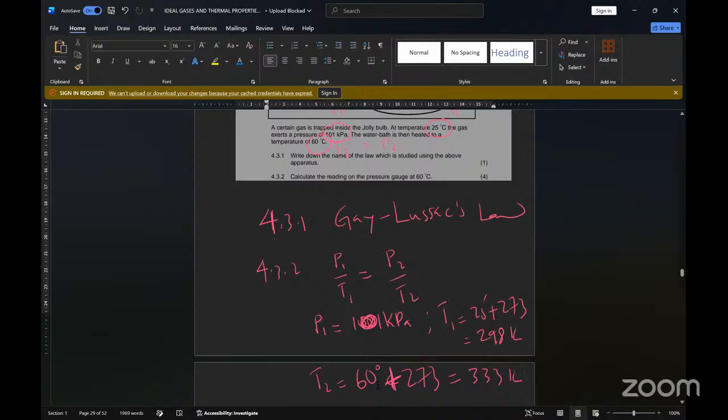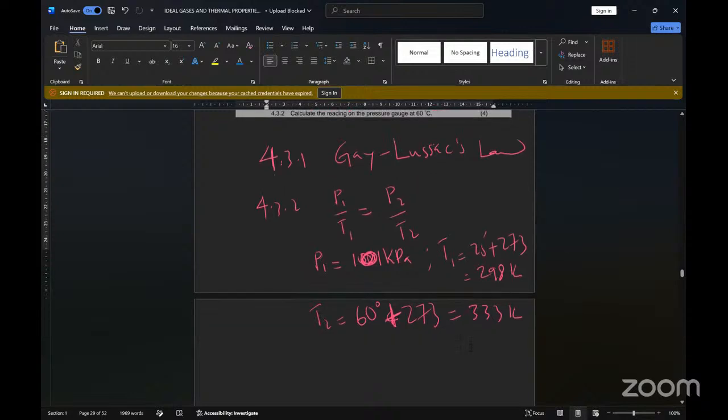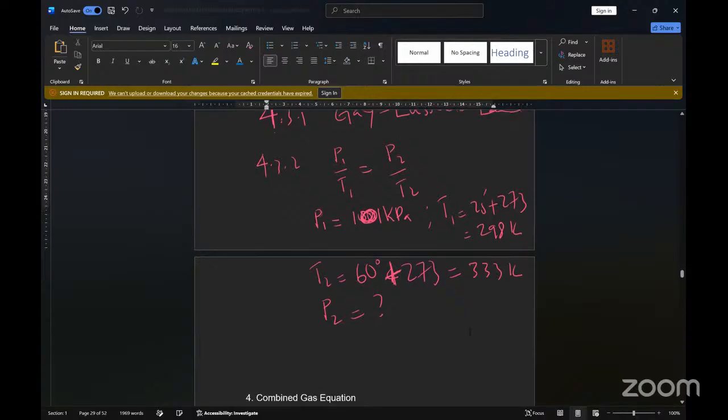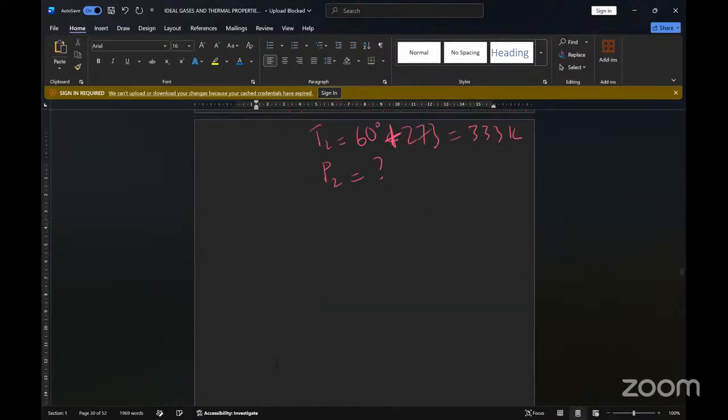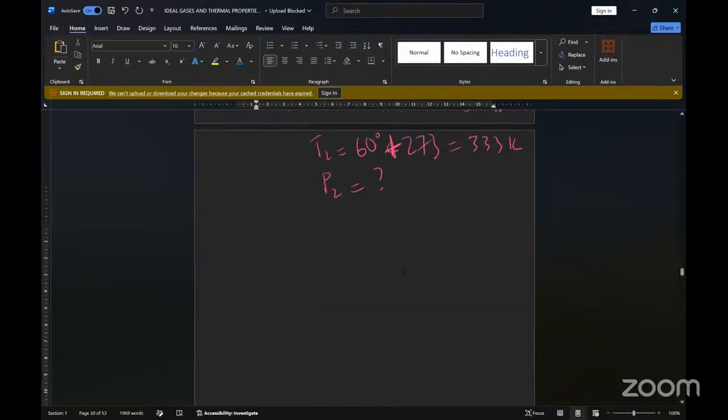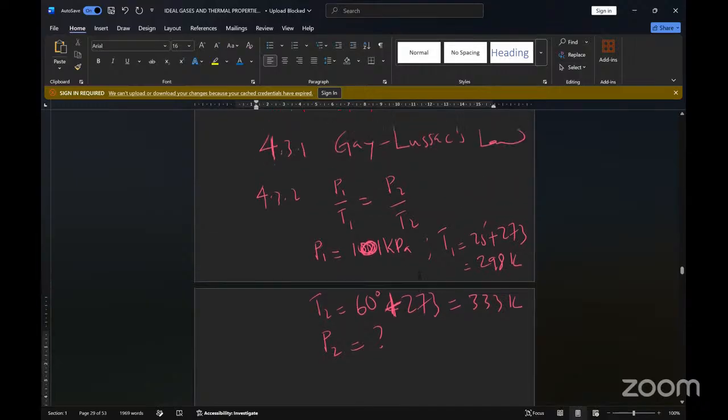So we want to find the reading on the pressure gauge. The pressure gauge measures pressure. So that is your P2 here. That is unknown. So we simply substitute it and say that our P1 is going to be 101.